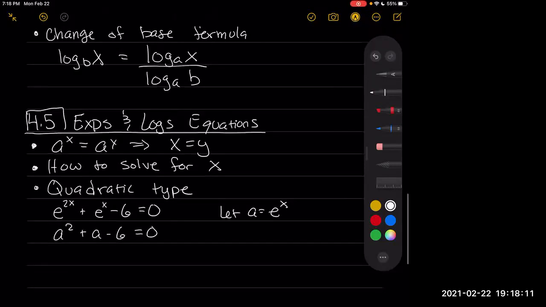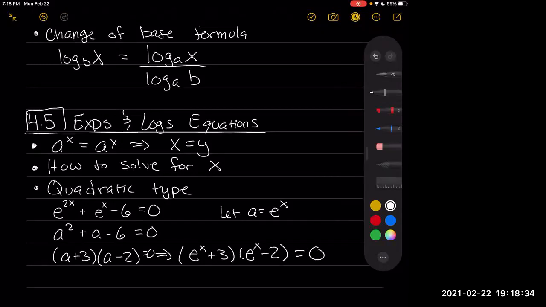And then we could factor, and we would have (a plus 3) times (a minus 2). And then we would plug in our original a. So we would have (e to the x plus 3) equals 0, times (e to the x minus 2) equaling 0. And then we can solve for when one of these equals 0, and that will give us our solutions.